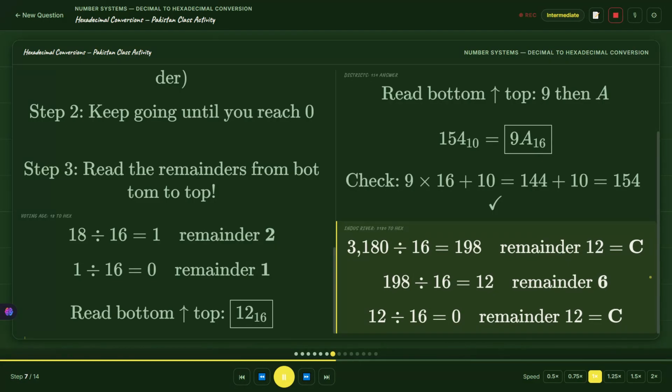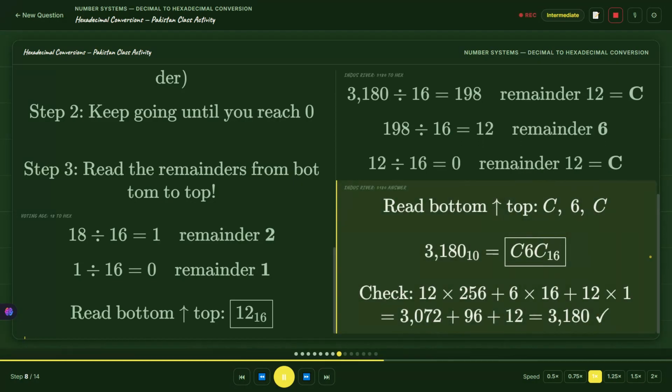That is C. Then 198 split by 16 gives 12 with 6 left over. Finally, 12 split by 16 gives 0 with 12 left over, another C. Reading bottom to top, we get C, 6, C.